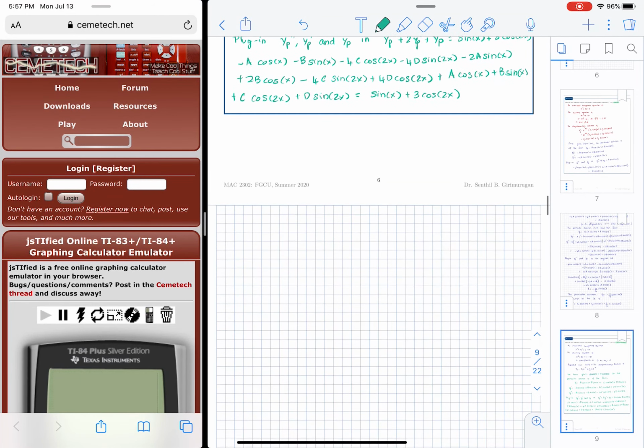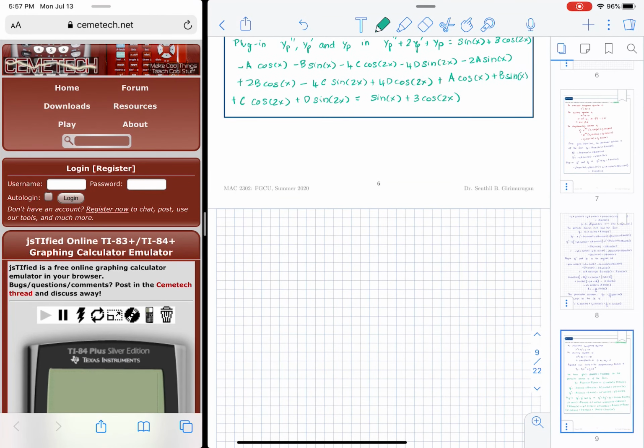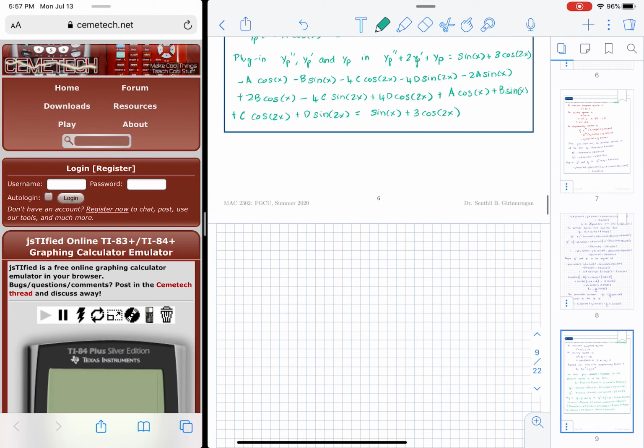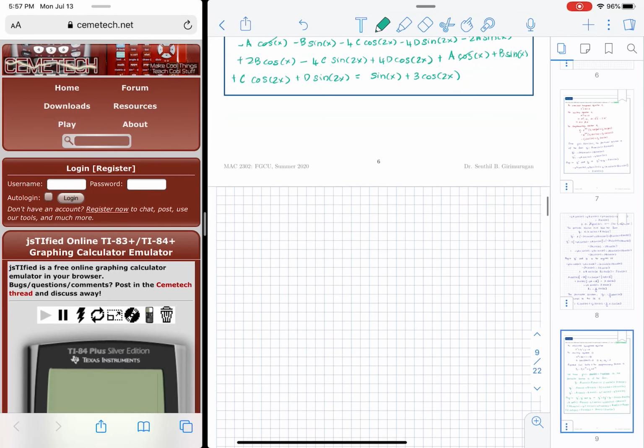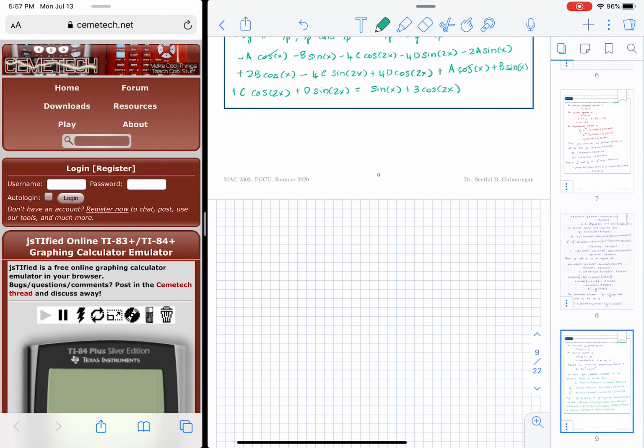So combine all the cosine x terms. I have minus a and 2b, and another a, so these two would go away. So I have 2b cosine x. Sine x terms: those two would go away, and I have minus 2a sine x.